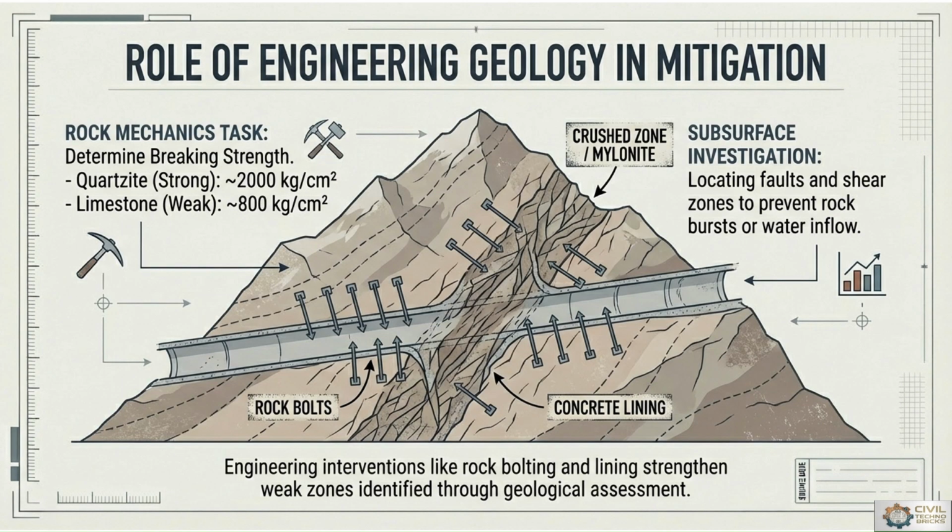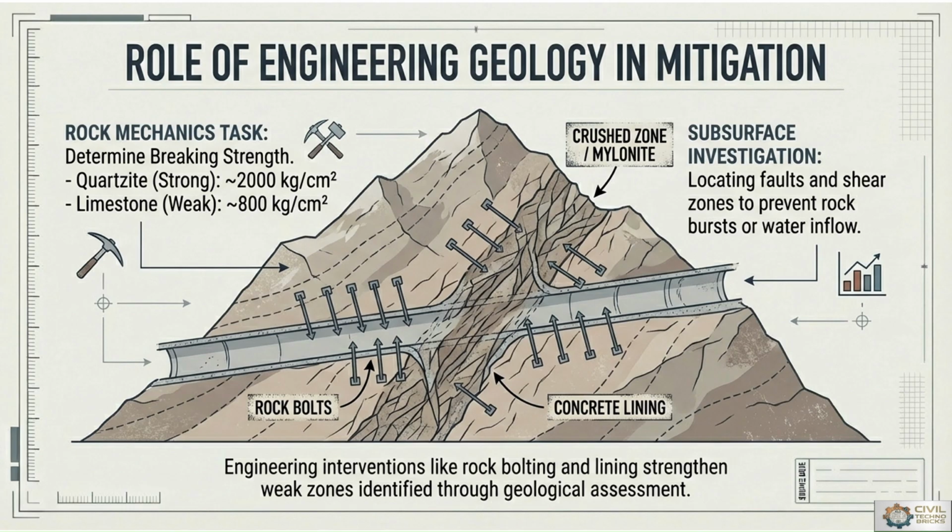The role of engineering geology in mitigation is the geological investigation phenomenon. Rock mechanics is the study of rock strength and deformation behavior. So we have to check the strength of rock and the behavior of deformation or settlement, which explains the importance of determining breaking strength for engineering construction. Here we compare strong rocks like quartzites with weaker rocks like limestone.